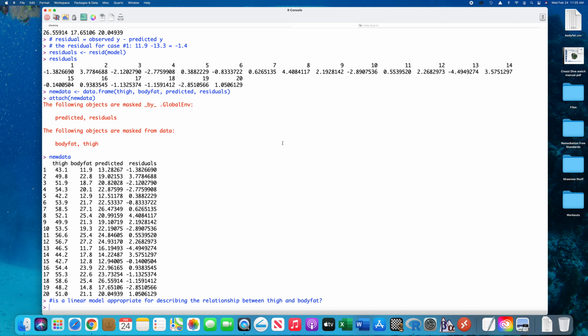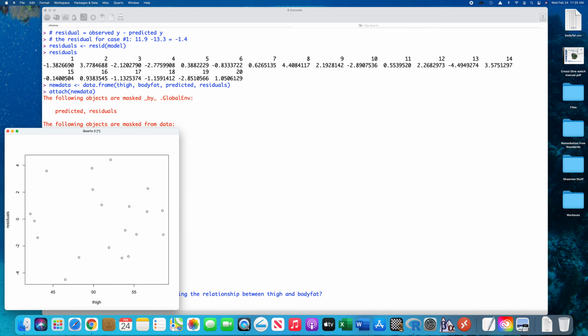But we need something more significant. And the way we do that is we plot the residuals over our independent variable. So I'm going to plot the residuals. I'm sorry, my X needs to go first. And I'll examine what's called a scatter plot of the residuals.